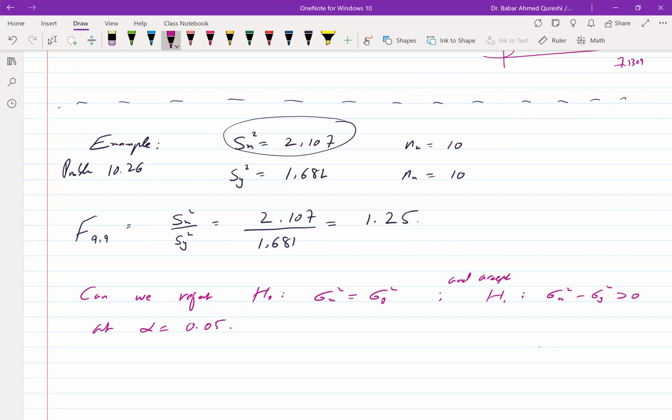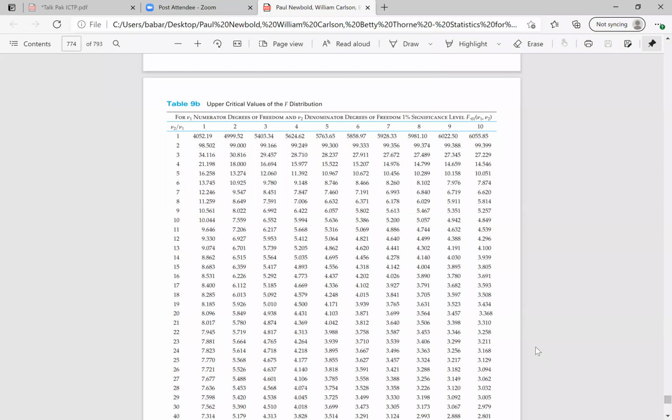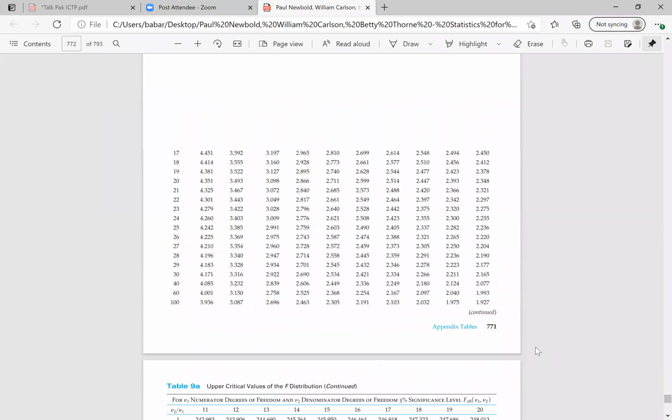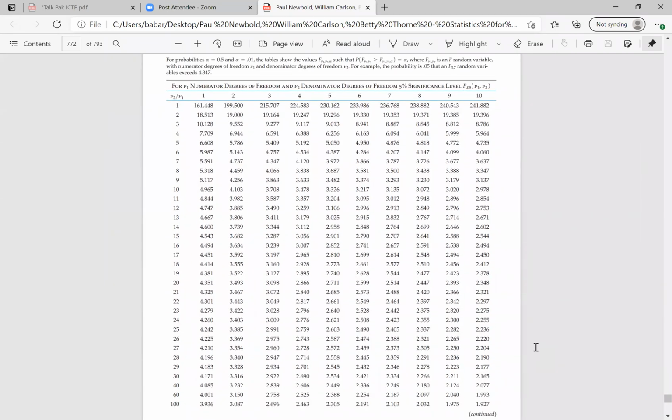So if I go to my book, and I see at 5% significance level, I have to look at 9 and 9. So the value is 3.179. So it had to be bigger than 3.179. But my number is 1.25. So I cannot reject it at 5% significance level. If it cannot be rejected at 5%, then it definitely cannot be rejected at 1%.